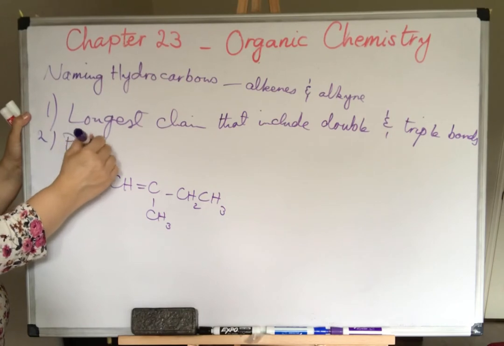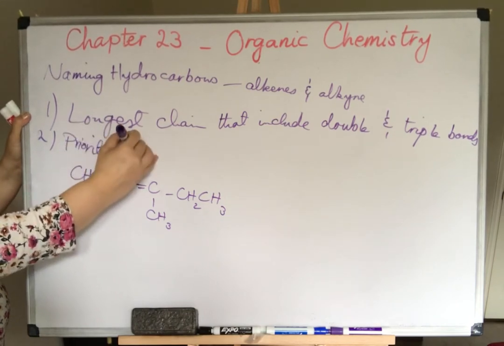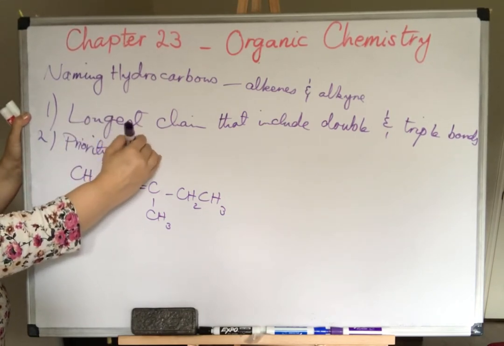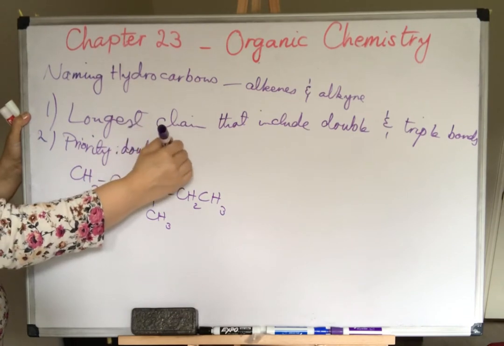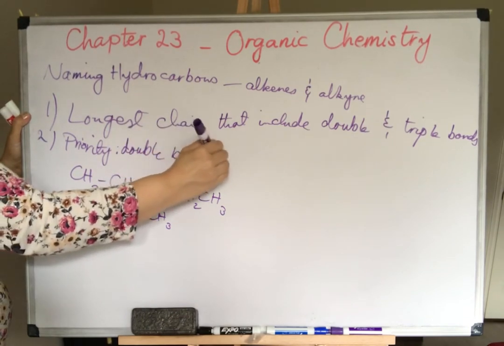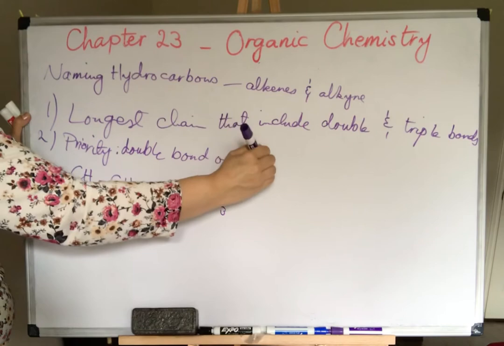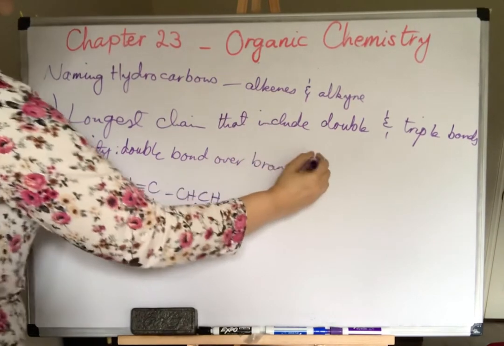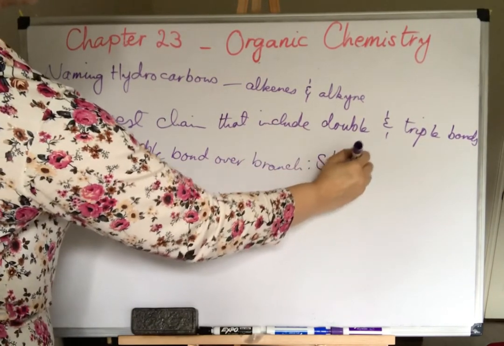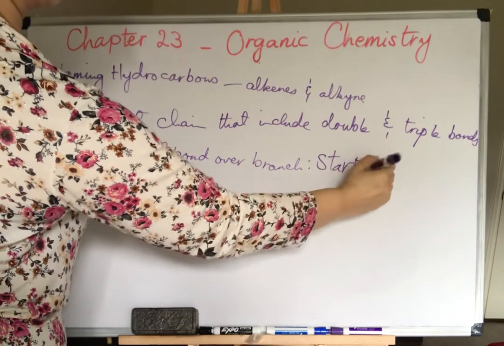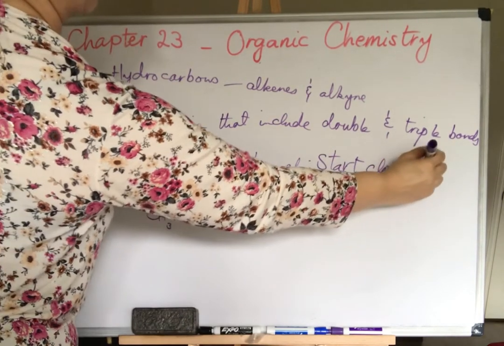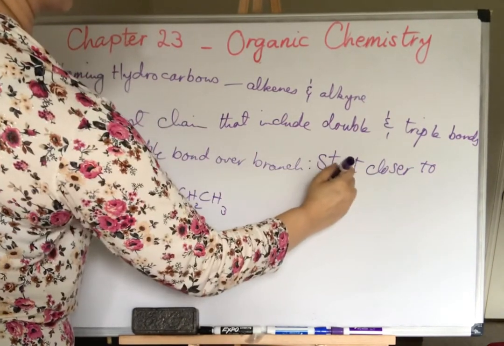Priority, double bond over branch. What does that mean? Means start closer to double or triple bond.